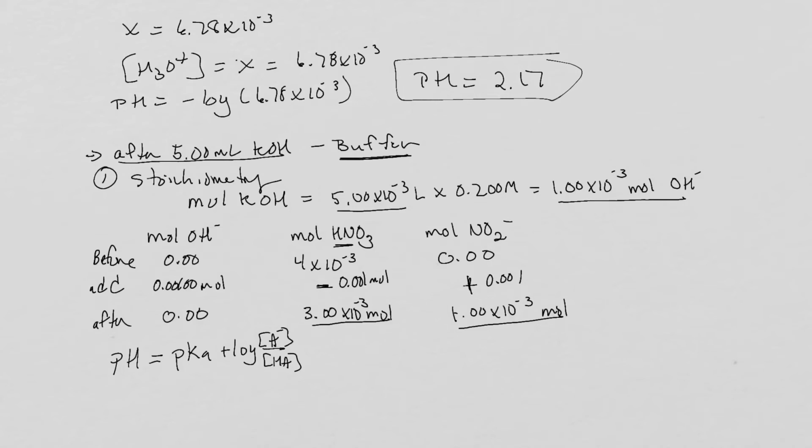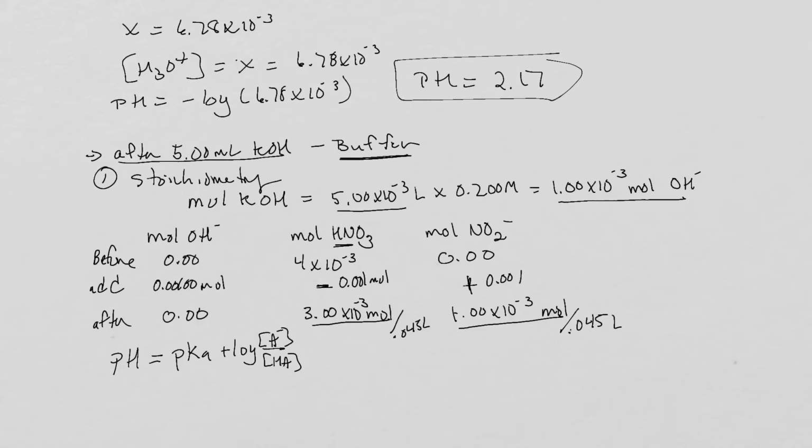In this case, the volume would be 45 milliliters, my original 40 milliliters of acid plus the 5 milliliters of base that I've added. So I would divide each of these by 0.045 liters.